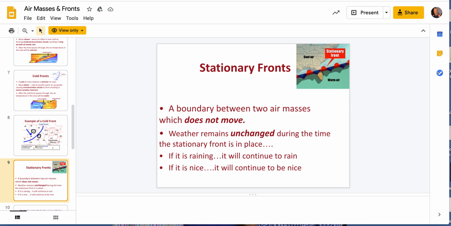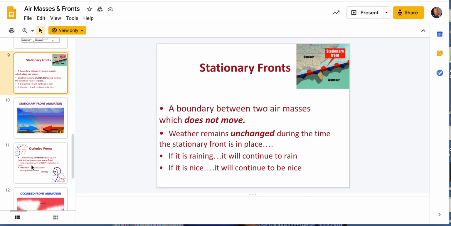So if it's raining, it's going to keep raining. If it's nice, it's going to stay nice. Whatever that weather was, it's kind of stuck there when this stationary front comes. So stationary doesn't necessarily mean good weather, bad weather. It means whatever's there, it's going to stay there.